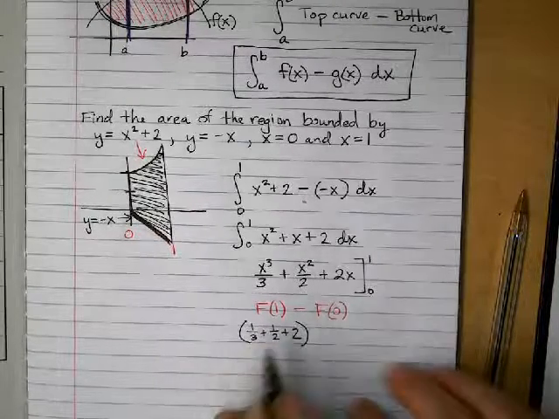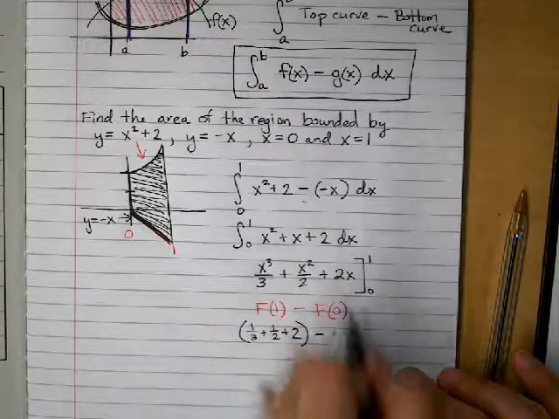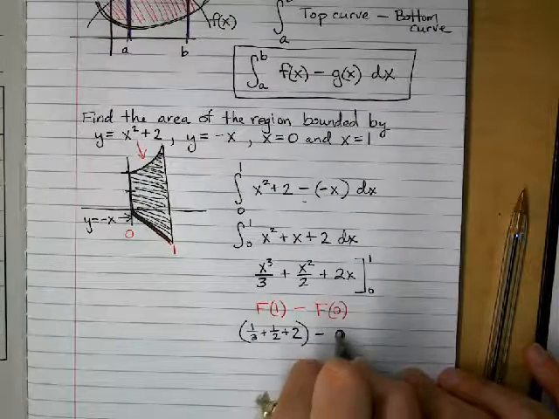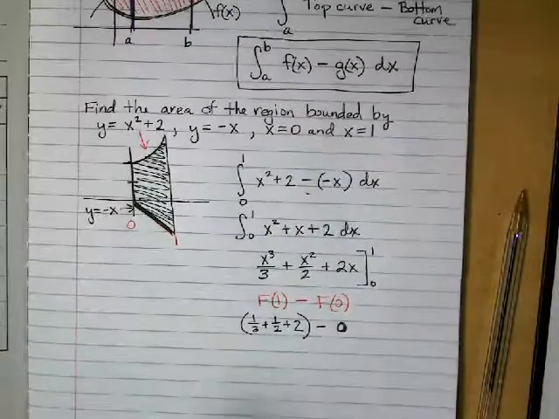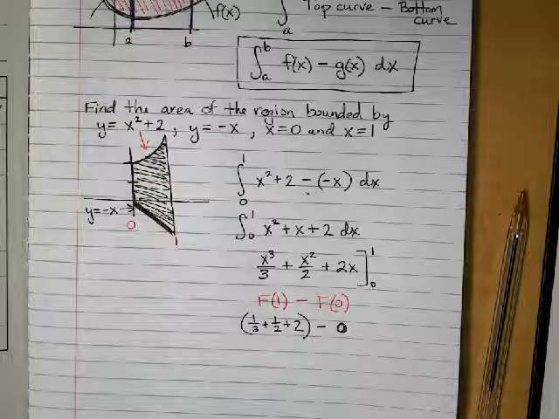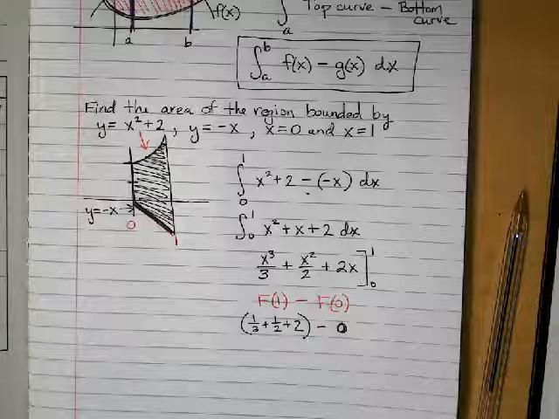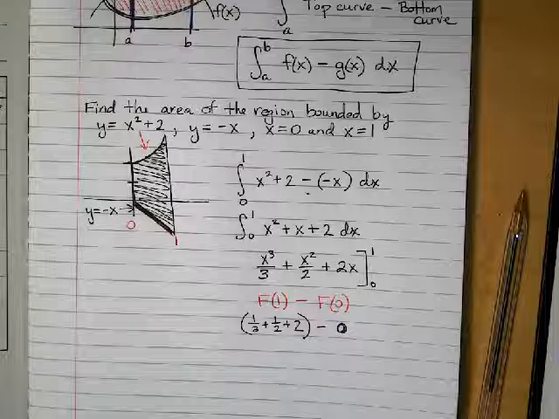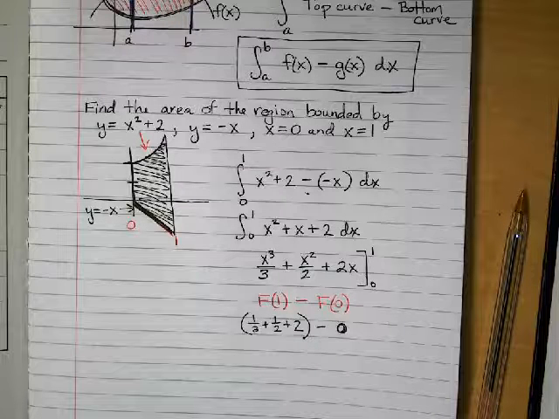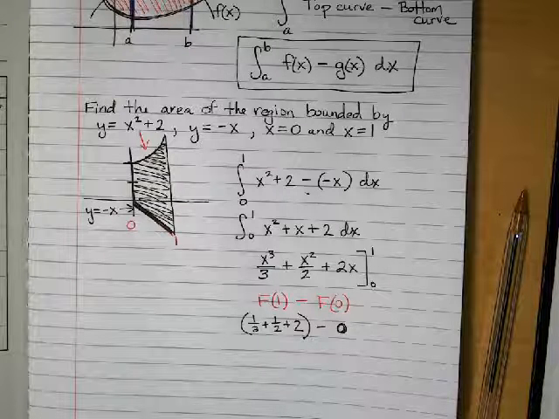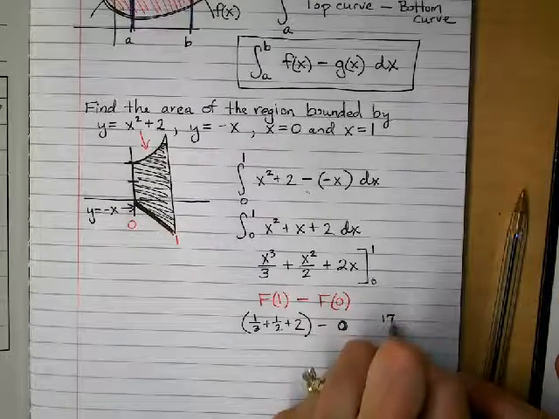And if you plug in 0 to everything, you get 0, don't you? So we just have to figure out what 1/3 plus 1/2 plus 2 is. They usually put the answers in improper fractions. 2 and 5/6, which is the same as 17/6. Yeah, the book has 17/6.